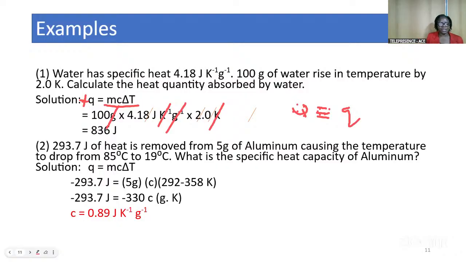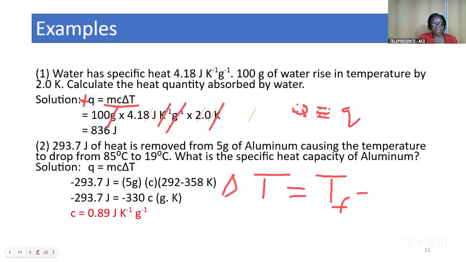The difference is that here you have the mass, which is 5 grams, and C is what you are calculating. Now, for the difference in temperature, you have been told that there is a decrease in temperature, and usually delta T is obtained by looking at the final temperature minus the initial temperature.